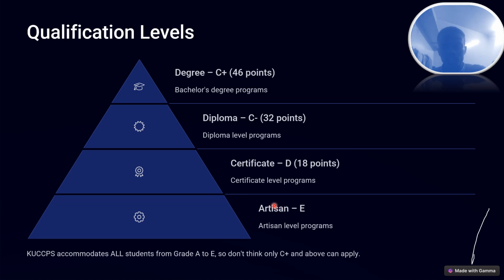Stop worrying, because even if you didn't get a mean grade of D, you can undertake artisan level programs. Kuccps accommodates all students from the grade of A to E, so you guys don't worry.